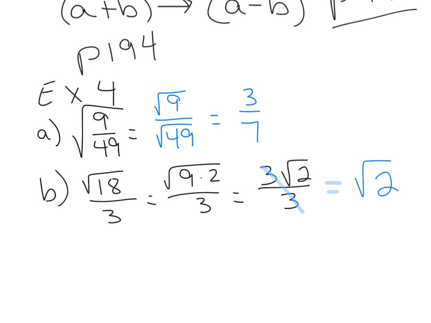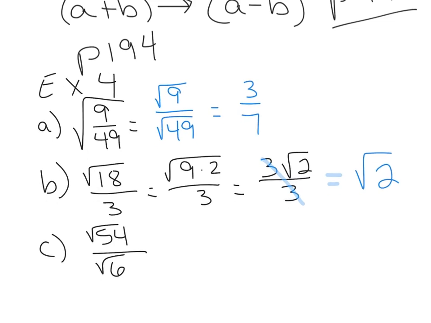For letter C, we have the square root of 54 over the square root of 6. Now, the rule for division says that you can separate a fraction into numerator and denominator like we did in letter A, but also says that a fraction that's already separated you can put back together.